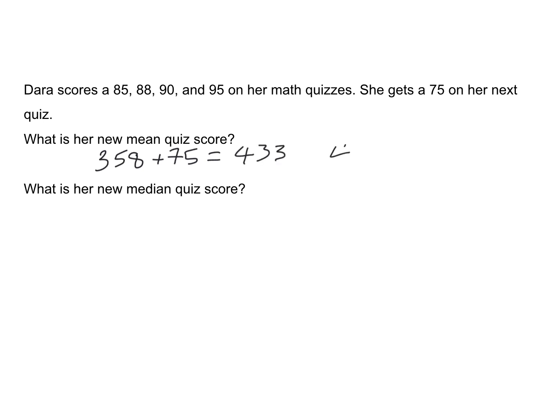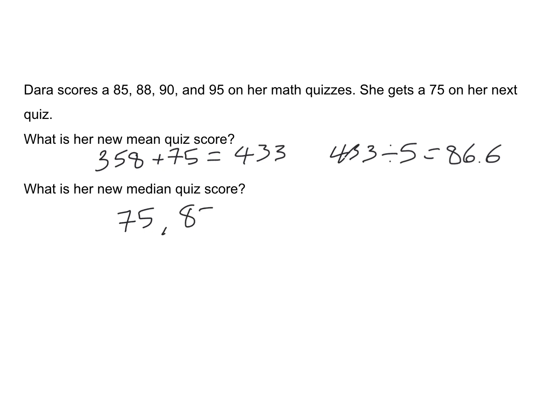And then we have to do 433 divided by 5, which is 86.6. Ooh, so her new mean quiz score went down. It decreased.